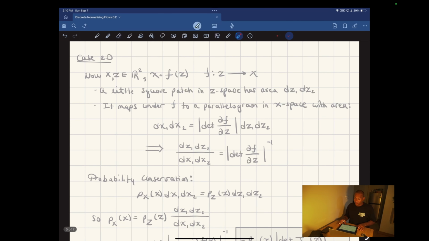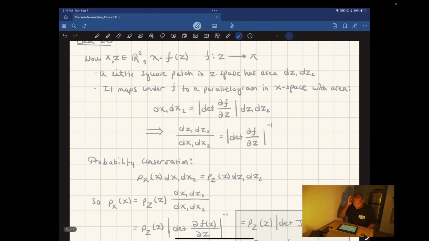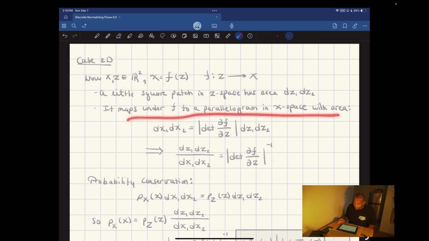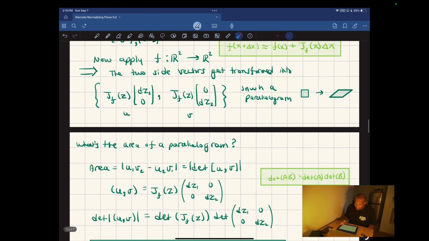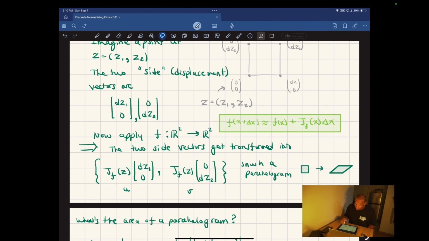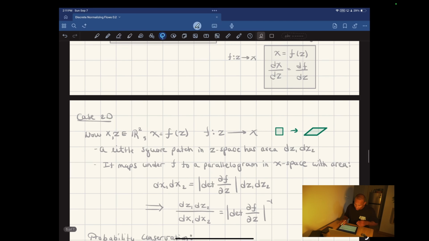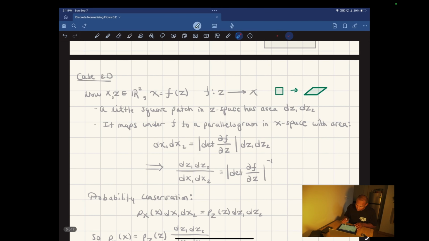A little square patch in Z space maps to a parallelogram in X space. A square patch maps to a parallelogram in X space.